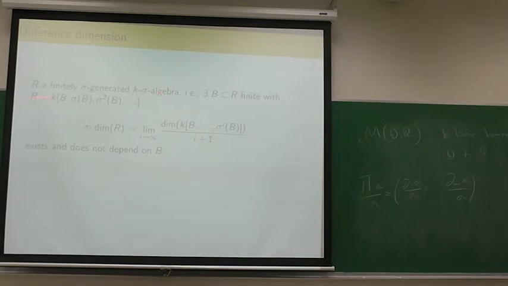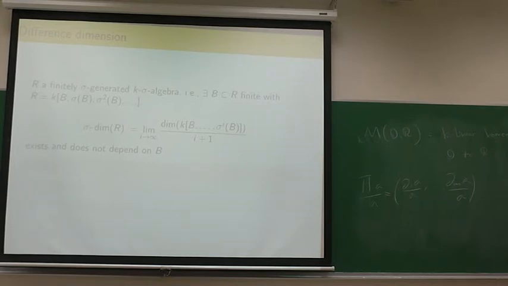To be finitely difference generated, you can also write it like that: there exists a finite set B in R such that R is generated by the iterates of sigma of B. Then you can show that this limit exists and does not depend on B, and then you call it the difference dimension. Here you have i plus 1 things, and it's kind of the average.